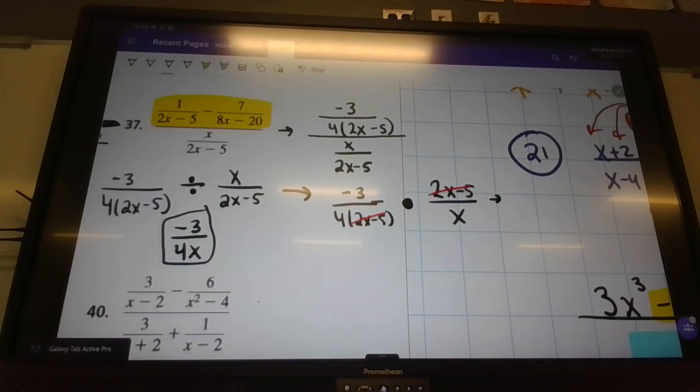Number 40. Does anybody have a question about 37? There will be 1 complex fraction exam. However, this chapter, which was graphing with asymptotes, simplifying, multiplying, dividing, adding, subtracting, we have yet to solve.